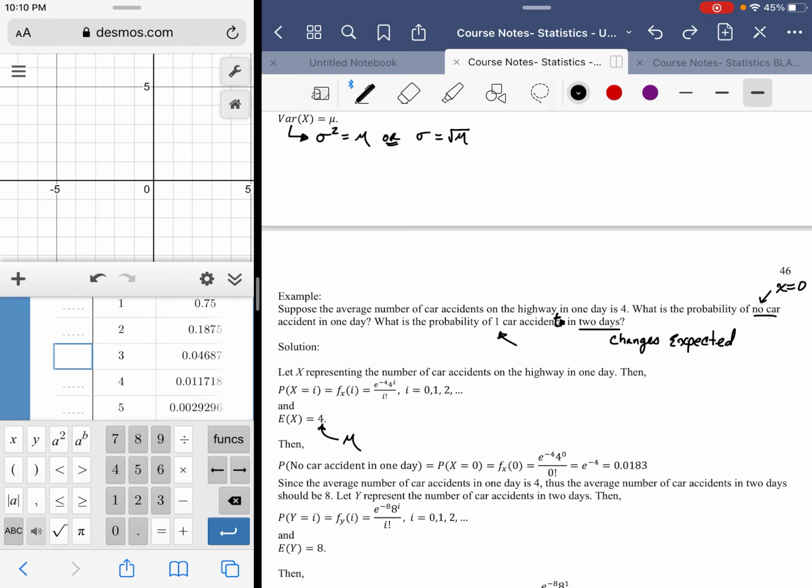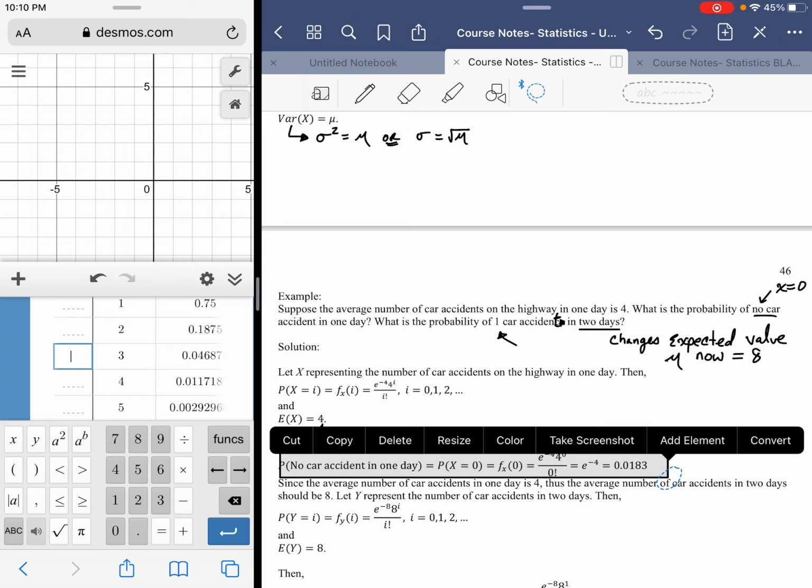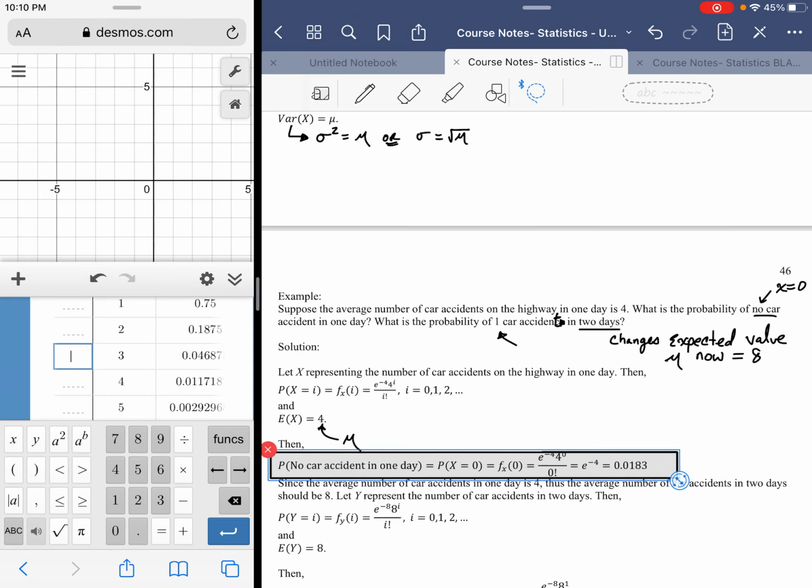So if we're going 2 days now, we would expect there to be 8. Alright, so the first part of the problem here, we're taking our function model and replacing the I with the 0.